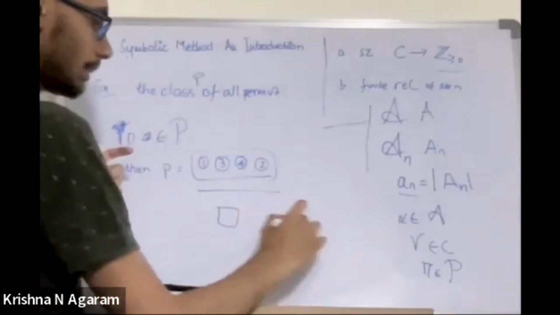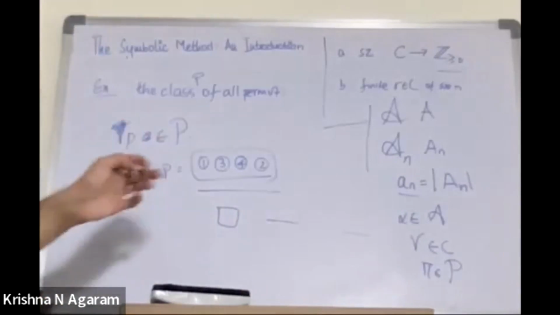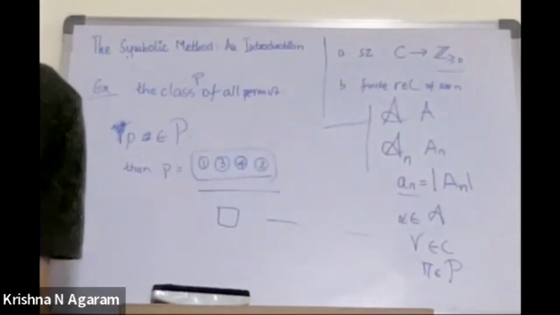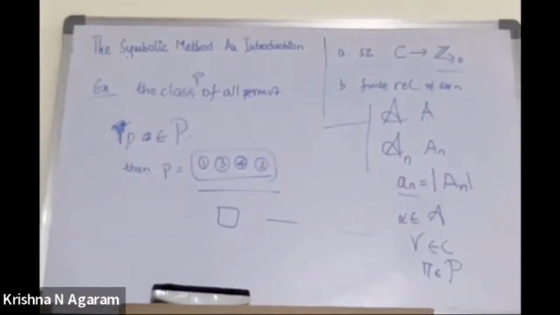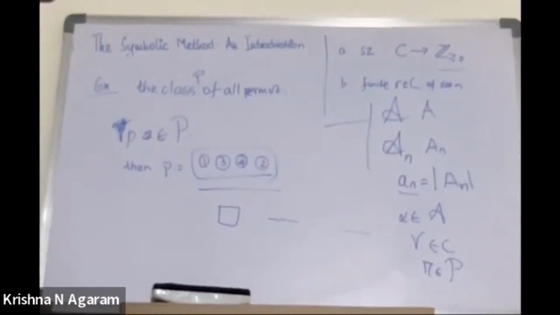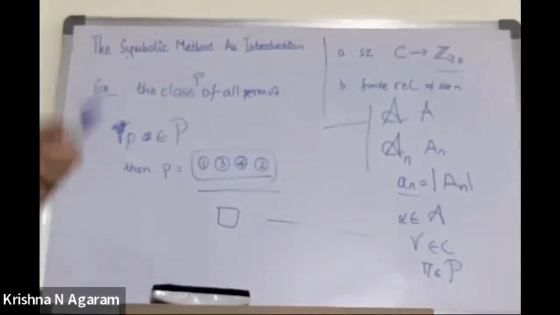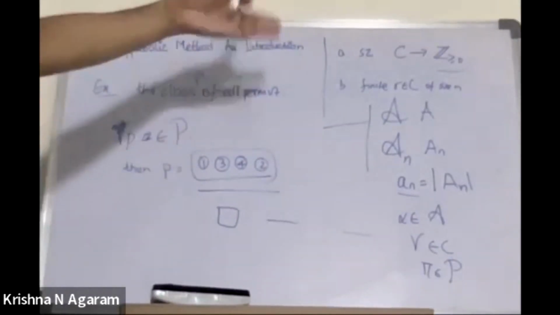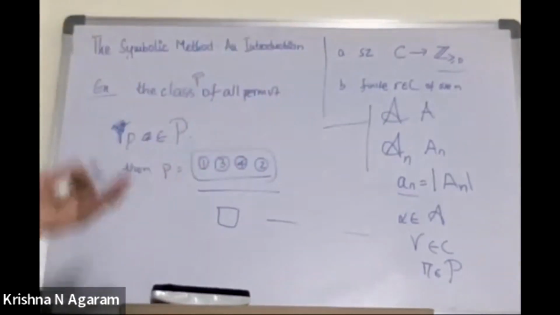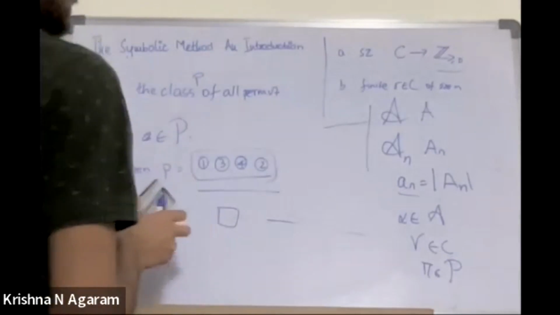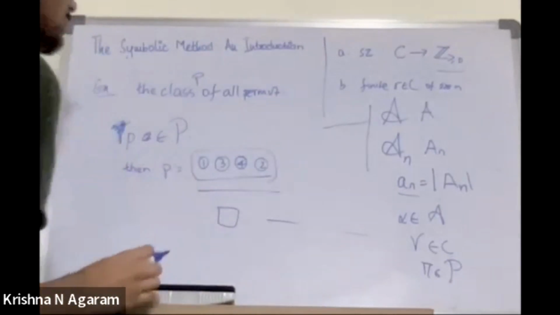Even the empty permutation counts. All permutations of size 5,000, like of 1 to 5,000, also count. So what do you think is the size function? You can reply in the chat. Probably the length of the permutation. Yes. So you see that these are quite natural. They'll occur in all kinds of things. So that's one class.